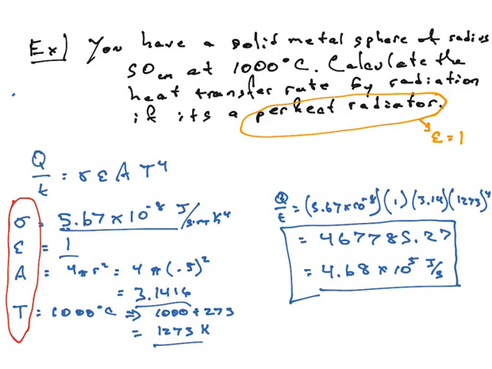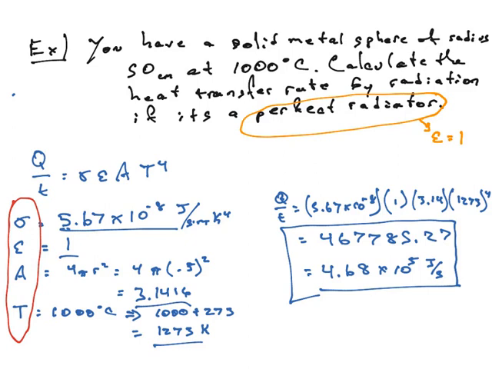You have emissivity. Surface area depends on the size of the object and the shape. If you have a sphere, 4 pi r squared. If you have a box, it's 6 times length times width. And the temperature, of course, must be in Kelvin.